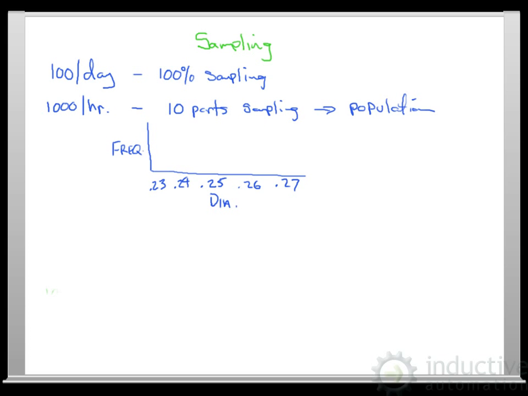We start measuring these 10 parts, and we get this nice distribution, a nice bell curve.